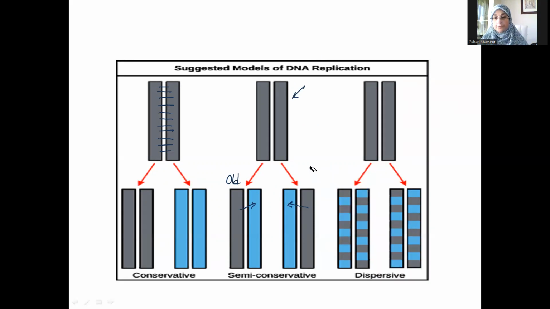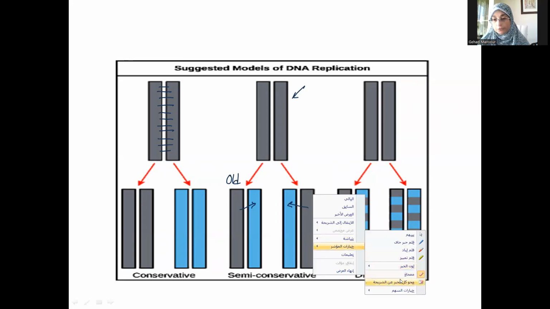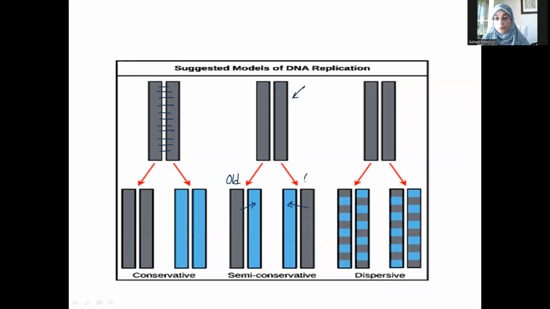Okay, so the purple strands are the old strands, and on top of every old strand, you're going to build a new strand. So at the end of the day, you have two molecules of DNA. So you started by one molecule of DNA, and you ended up having two molecules of DNA. So this is DNA replication, because you multiplied the number of molecules by two.